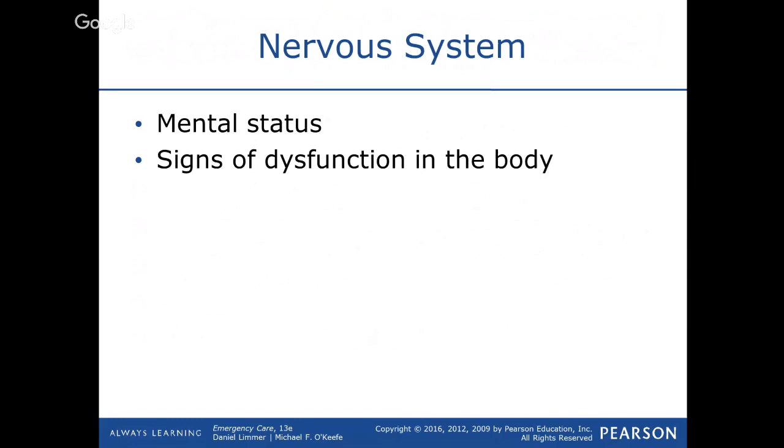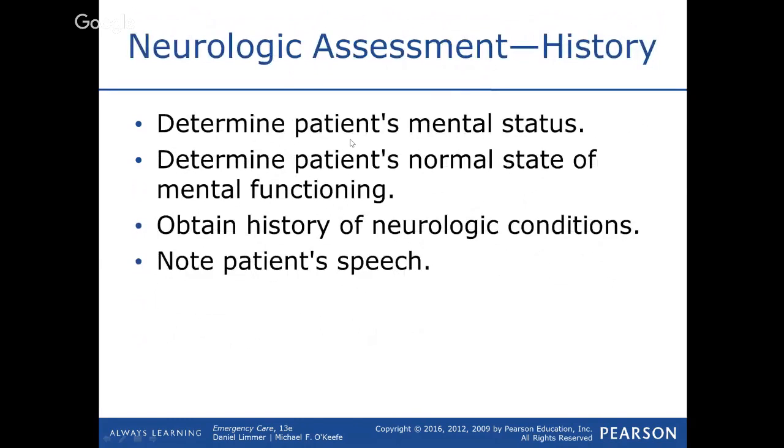Whenever you have a sign of dysfunction in the body caused by a nervous system problem, you go to check and all of a sudden they don't move their toes. Or like I told you, the lady that shot herself in the chest, whenever she was fighting, I just noticed she was fighting us with her arms, but she wasn't moving her legs through the whole fight. And so I was pretty sure that the bullet went through her spine. And so that's what you're looking for on the nervous system.